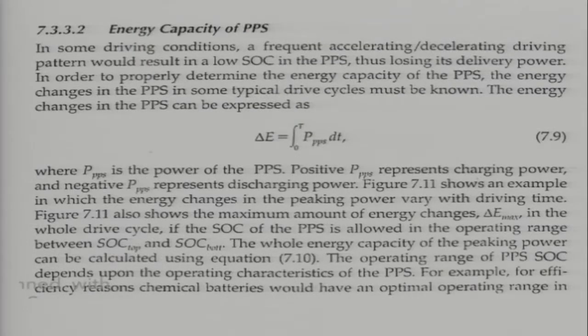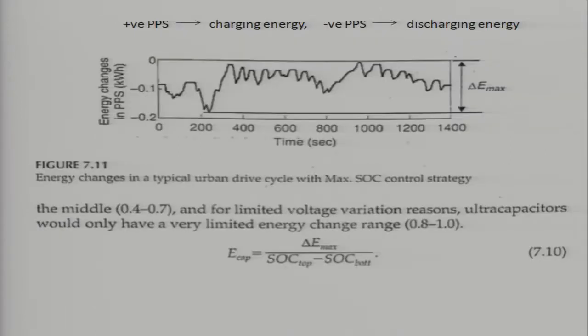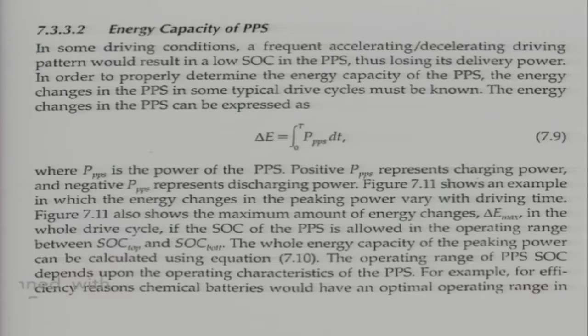In this positive y-axis range you have the charging, and here you have discharging. When PPS is negative, the battery is discharged into the traction drive.